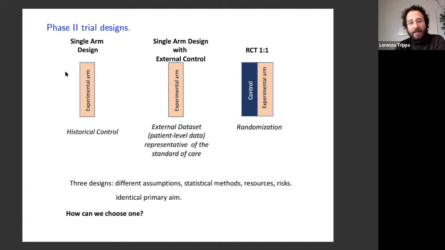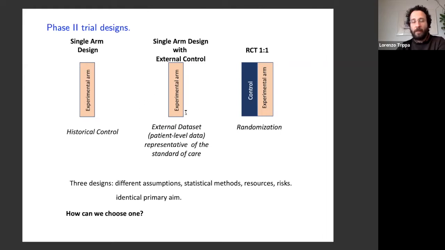So in the last couple of years, we tried to use collections of data sets in order to answer this question. And obviously the answer is, it really depends on the data that you have. Low quality data make a single-arm design with an external control extremely weak.